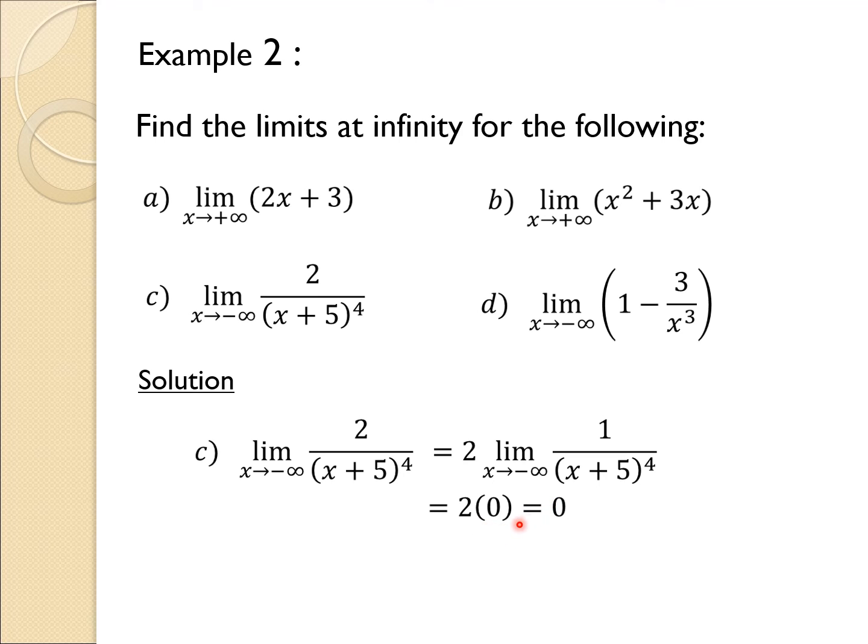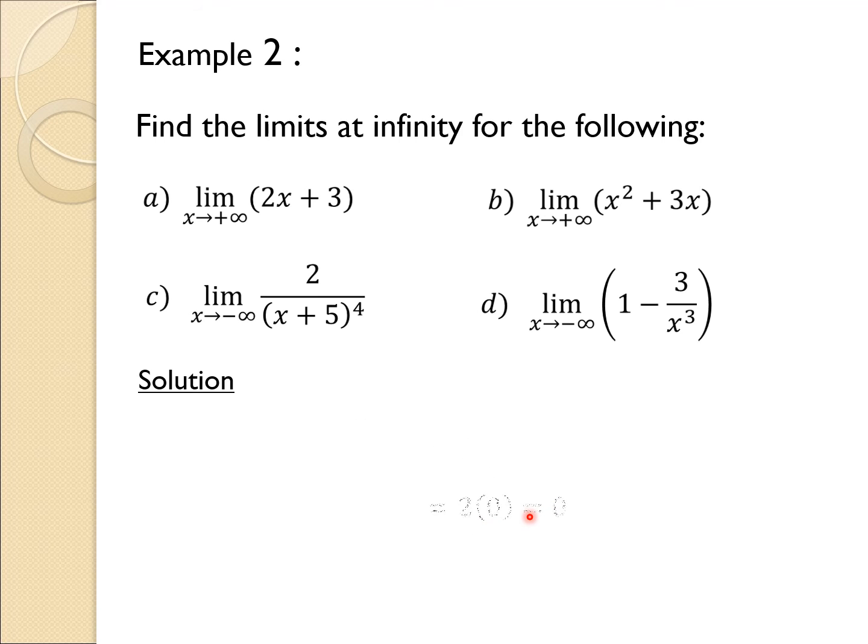So 2 times 0 equals 0. Okay, D. Limit as x approaches negative infinity of 1 minus 3 over x cubed. So this part 3 over x cubed becomes 0. So 1 minus 0. So the answer equals 1.